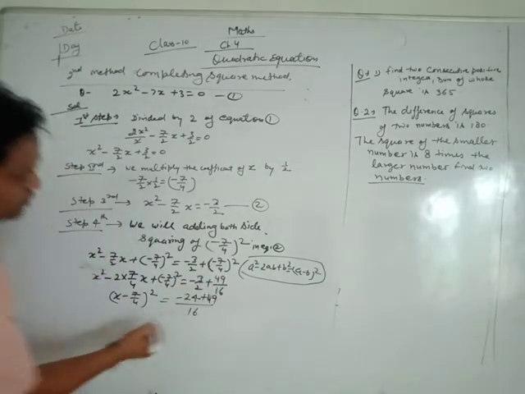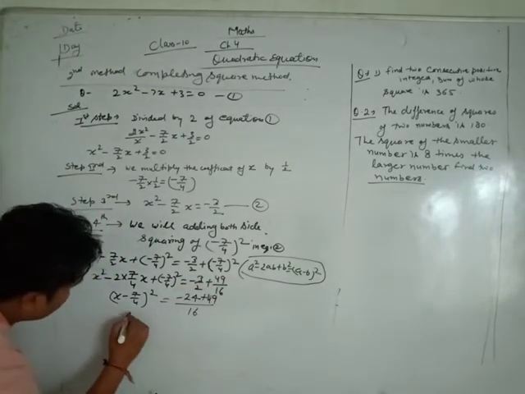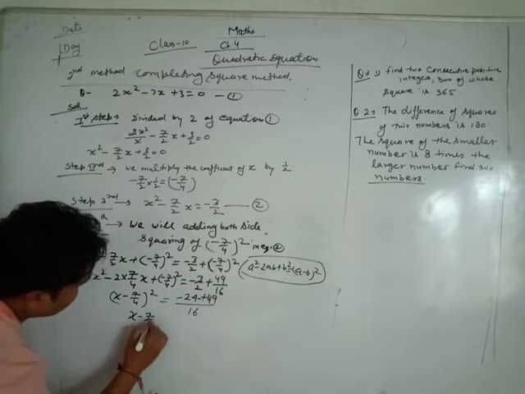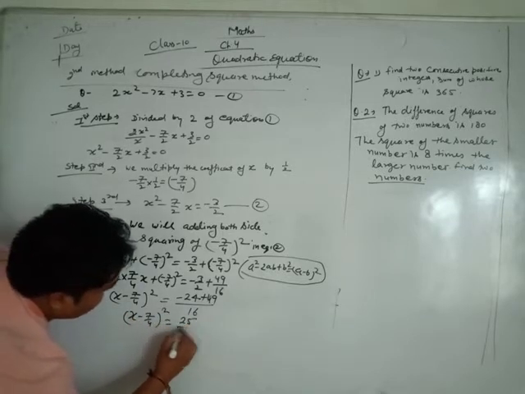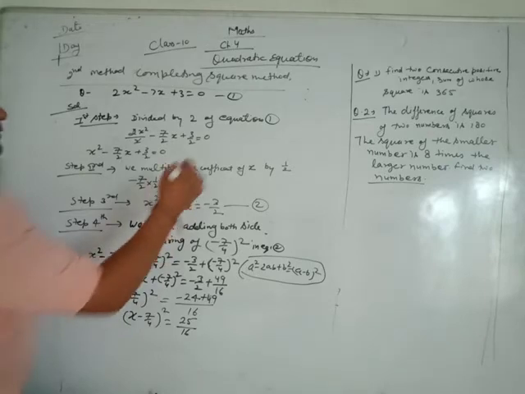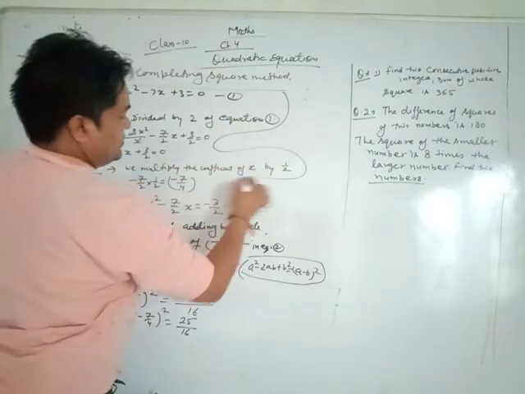It is solved after this. Now x minus 7 by 4 square equals 25 by 16.